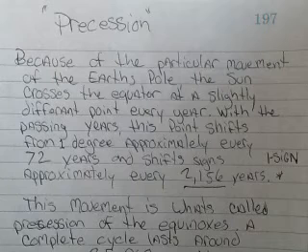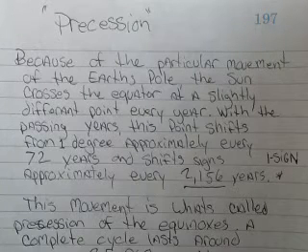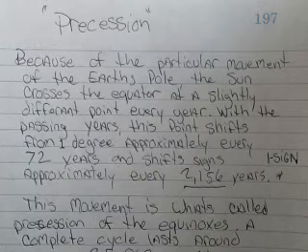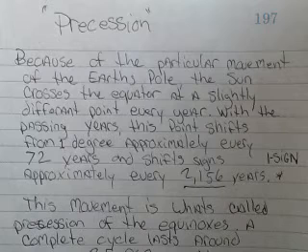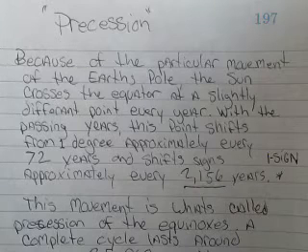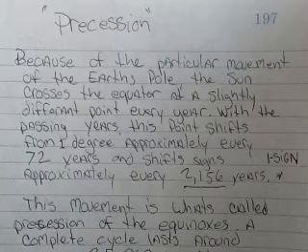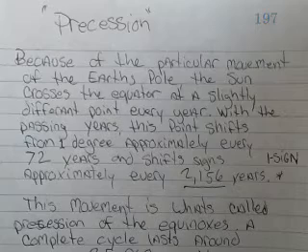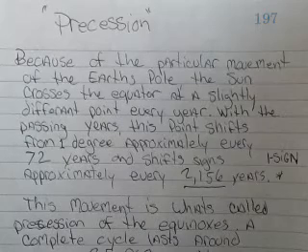Because of the particular movement of the Earth's pole, the sun crosses the equator at a slightly different point every year. With the passing years, this point shifts 1 degree approximately every 72 years and shifts signs approximately every 2,156 years.